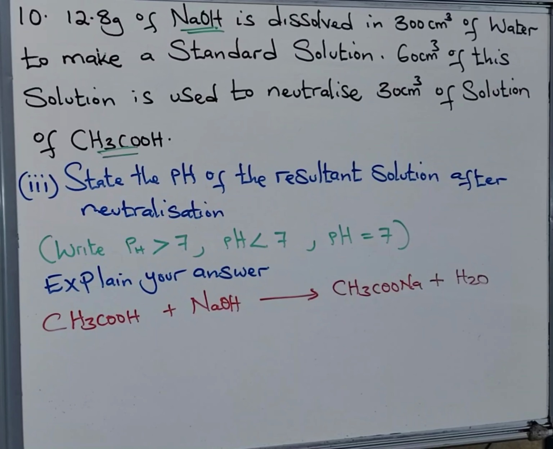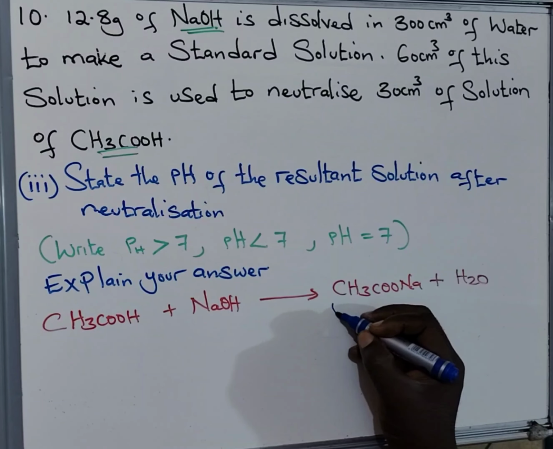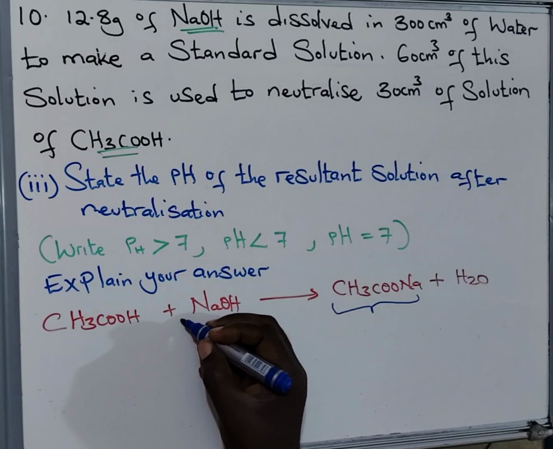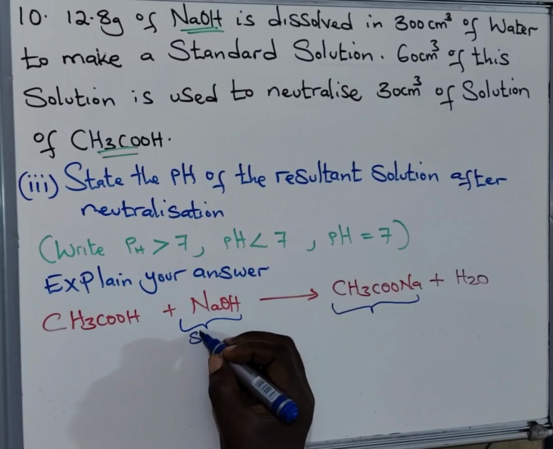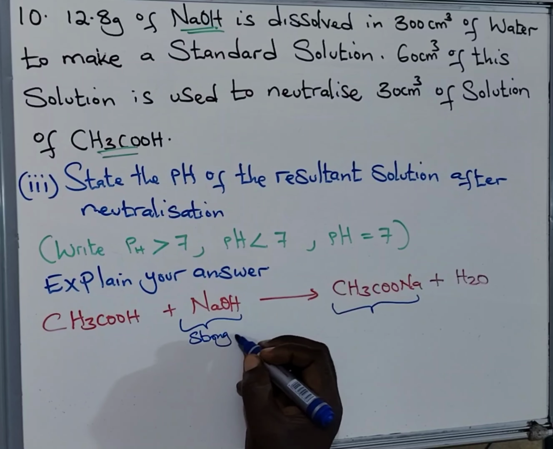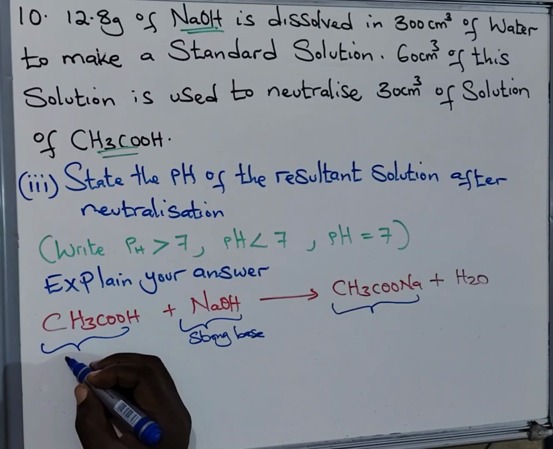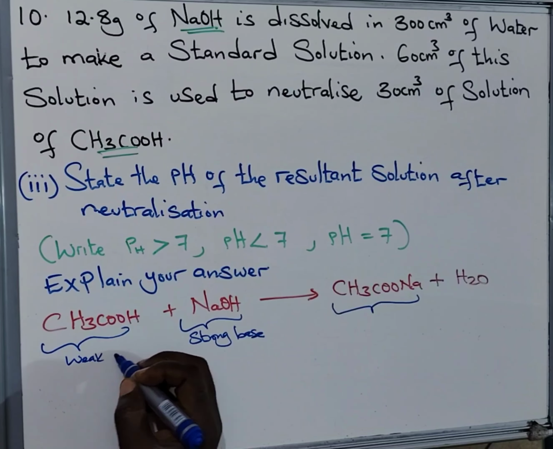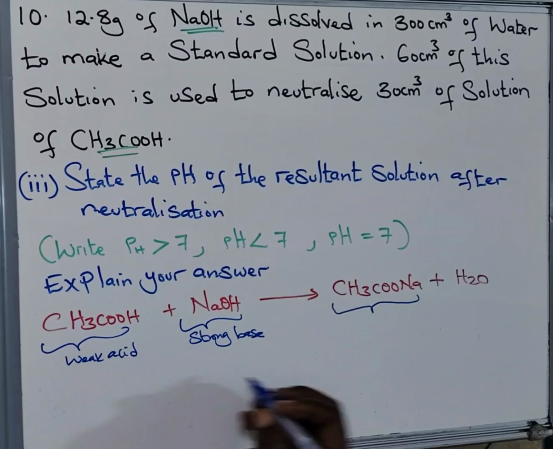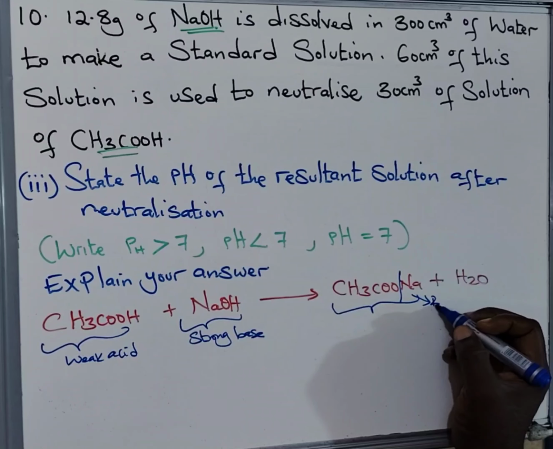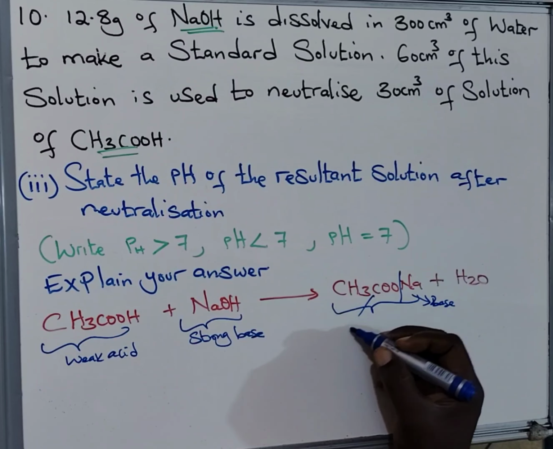From here, you have to take note that this is the salt which is formed. And this salt is between a strong base and a weak acid. So that's what you have here. This is from the base and this is from the acid.